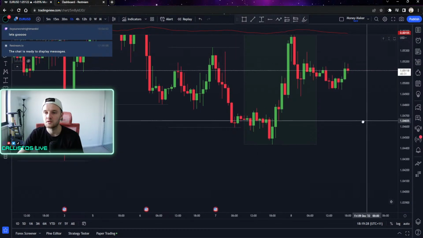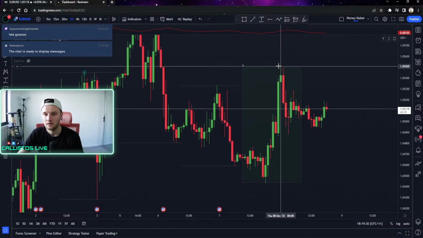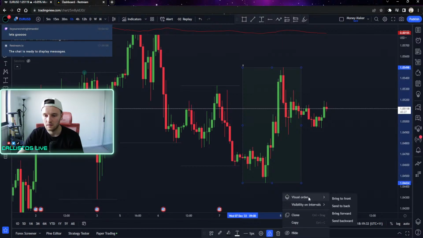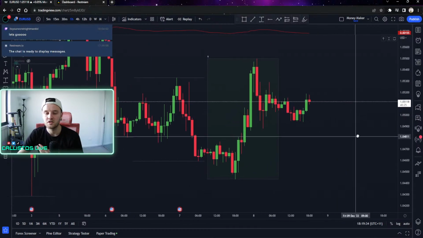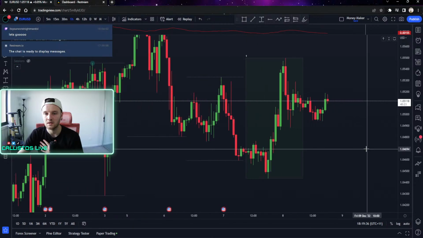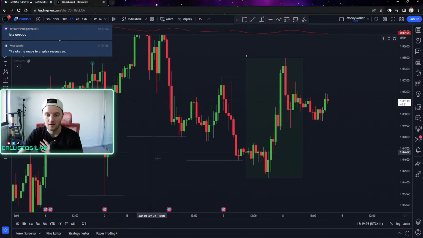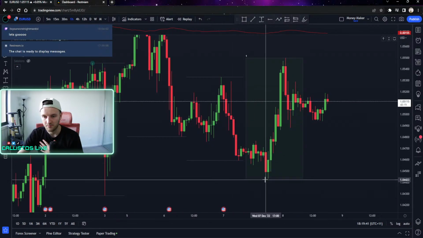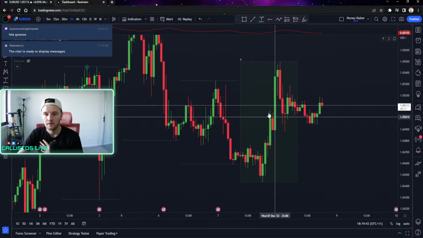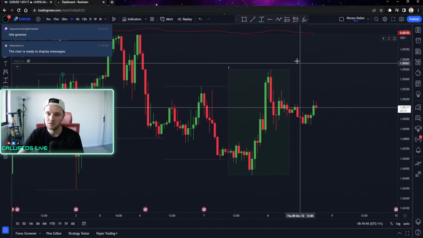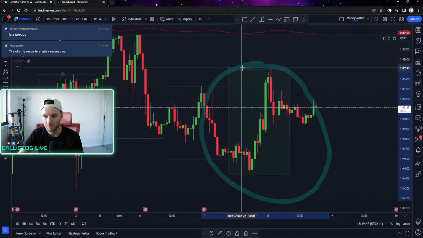So this is just to give me a quick visualization of what yesterday's candle was, and I can see obviously the previous daily candle here, and I can see straight away that this price just completely engulfed it and closed bullish. So this is why I put that box around it.